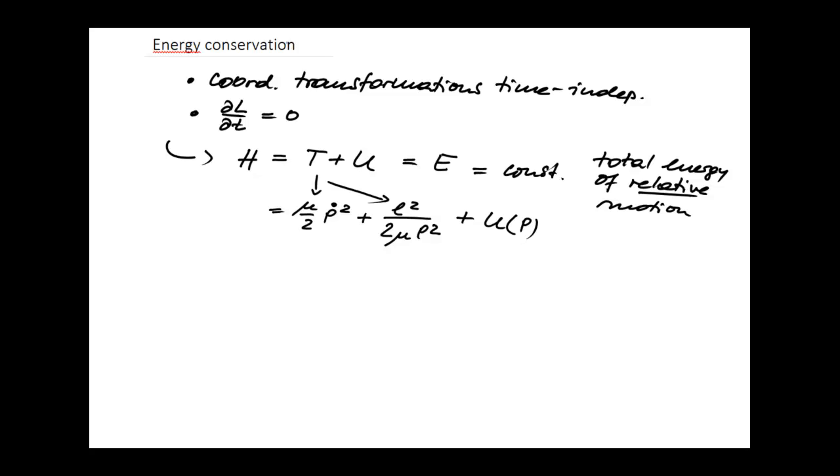Now, even though the second term in this formula for the Hamilton function comes originally from the kinetic energy, it's a function that does not depend on velocities, but it depends on rho, on position.